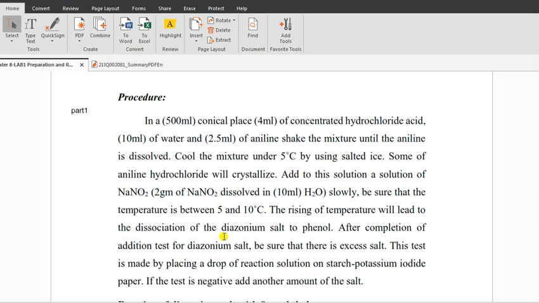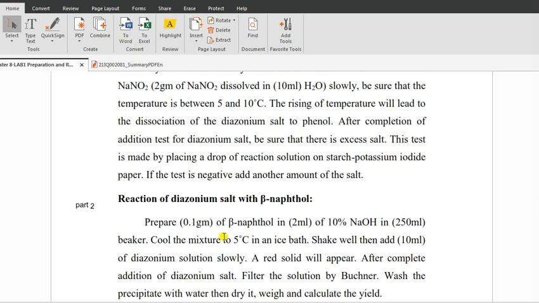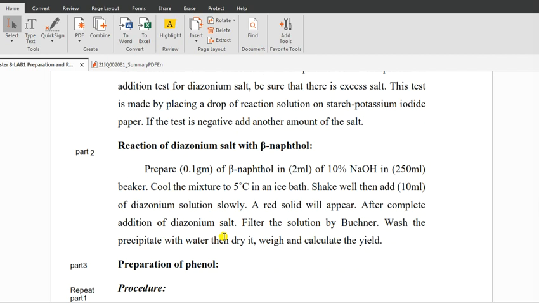Then prepare another solution from part 2. In a beaker, take 0.1 gram of beta-naphthol and 2 ml of 10% NaOH solution. Also cool this mixture below 5 Celsius.